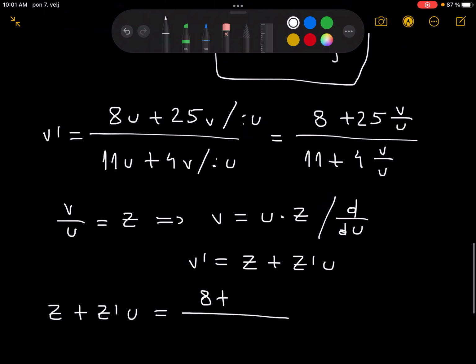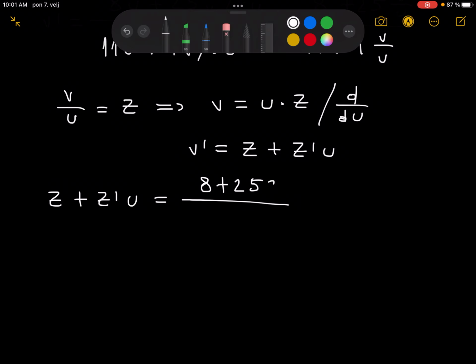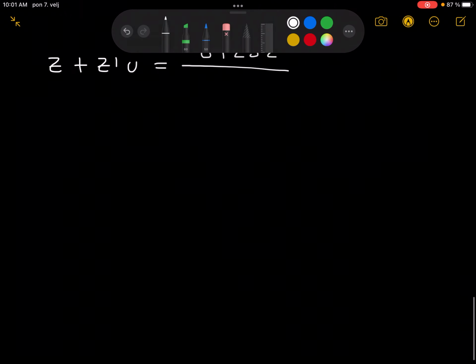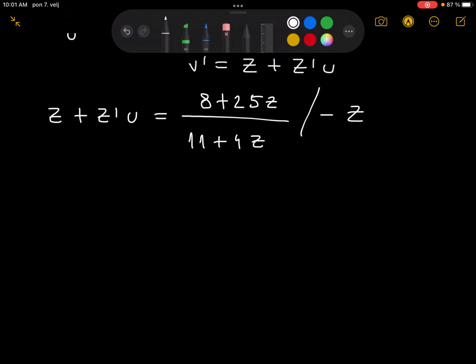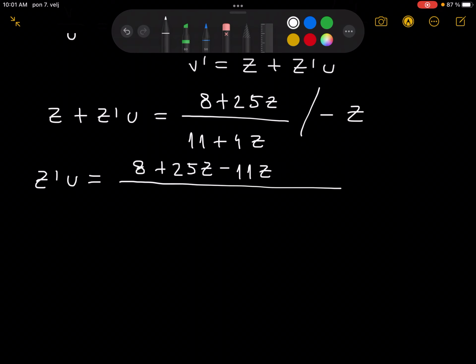Okay, so we'll get that z plus z prime times u is equal to 8 plus 25z over 11 plus 4z. Okay, so let's go ahead and subtract z from both sides. So we'll get that z prime u is equal to 8 plus 25z minus 11z minus 4z squared, everything over 11 plus 4z.